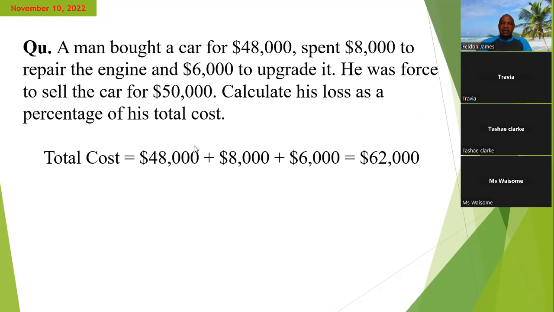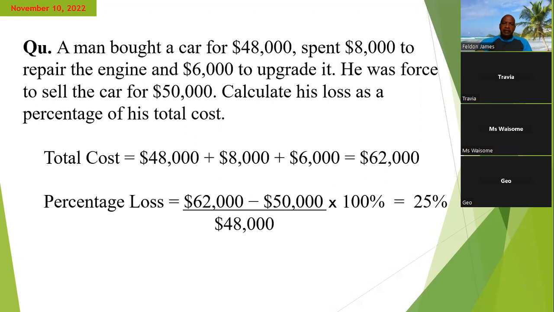So how would we calculate the loss here? What would we do? 62,000 minus 50,000. All right. So here our cost price would be 62,000 and our selling price would be 50,000.